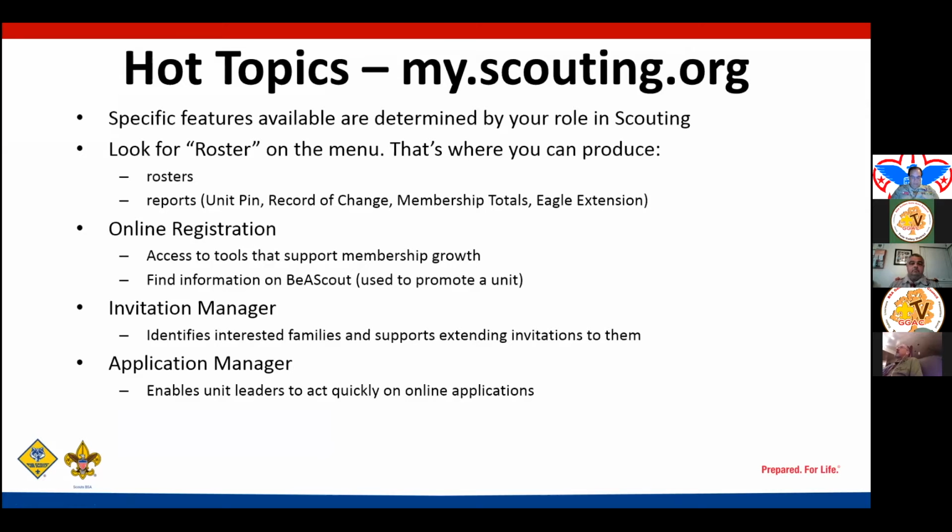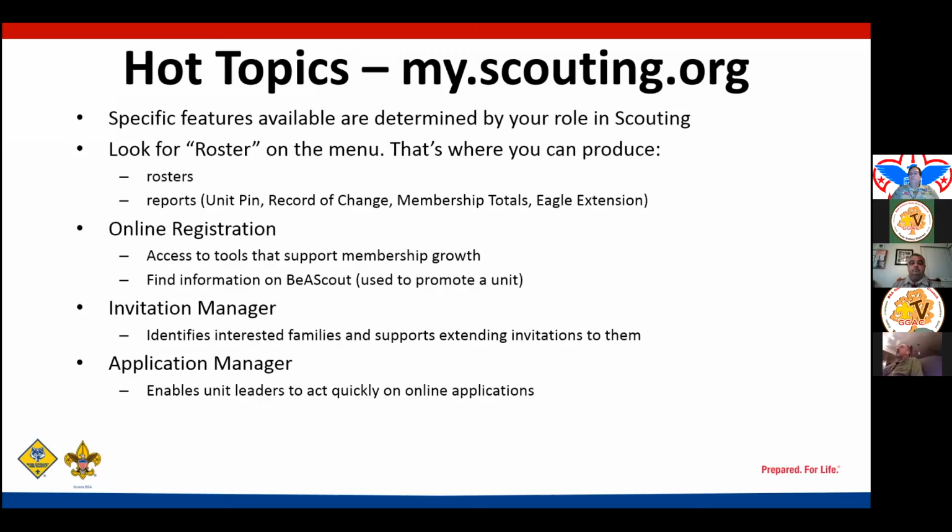One of the things that's changed a little bit is that when you open up MyScouting, if you look for Roster now, under Roster is where you can generate reports and the rosters themselves of your unit. Examples of the reports you can generate there are unit pins, Eagle extensions, membership totals, things like that.